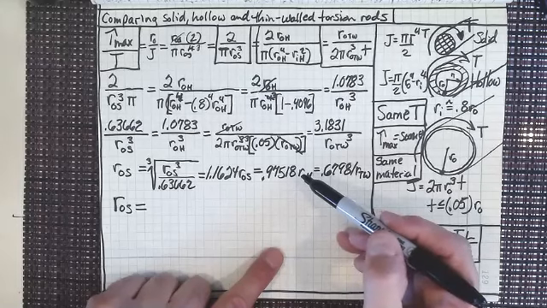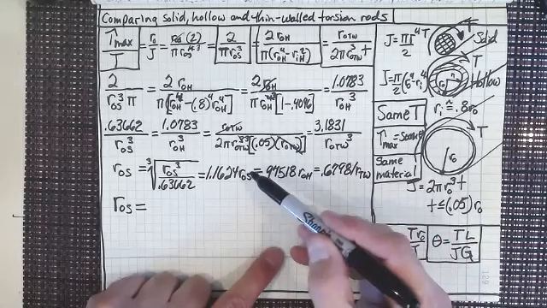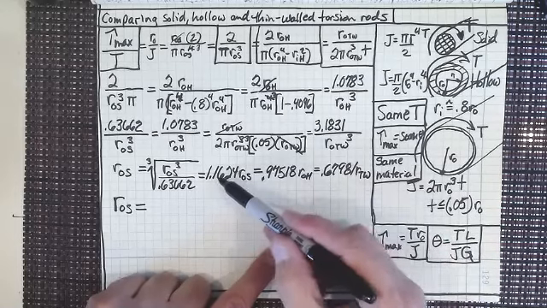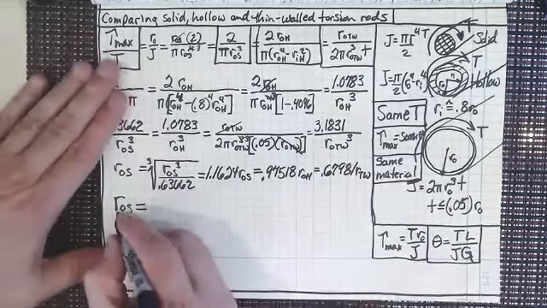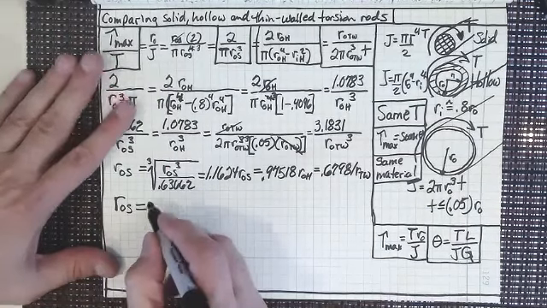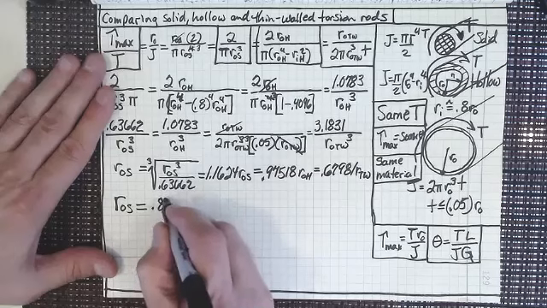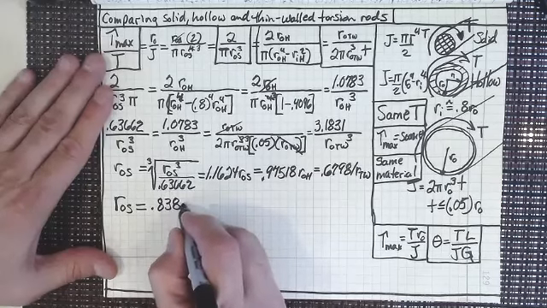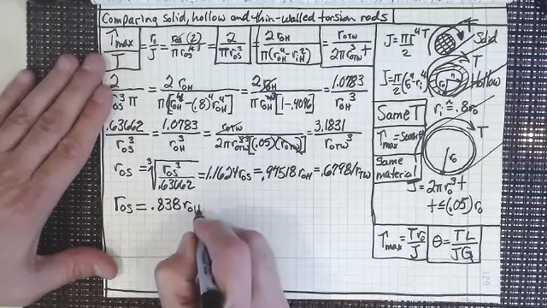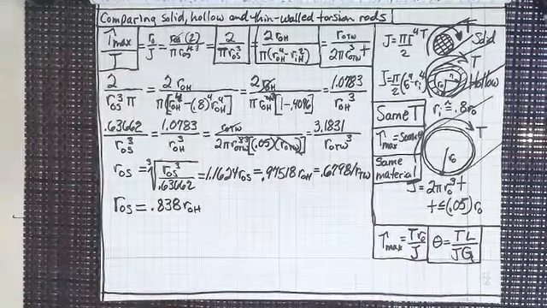Have I got this right? Yeah. 0.9758 divided by 1.124. So the radius of the solid shaft is going to be 0.838, the outside radius of the hollow shaft, right?